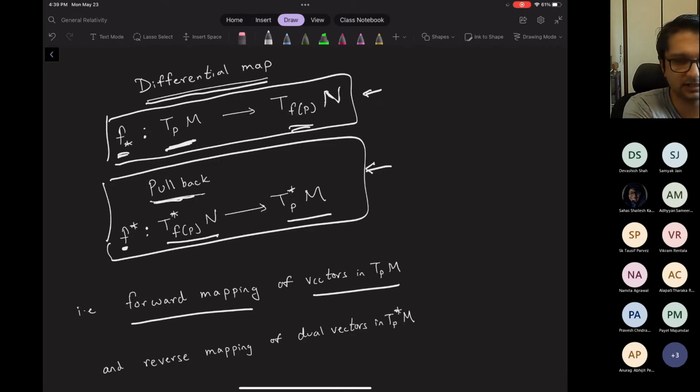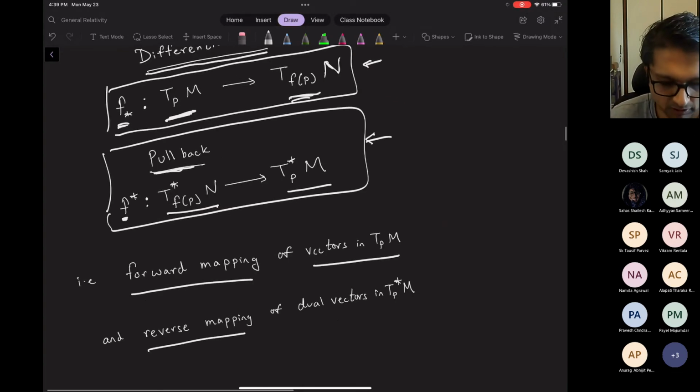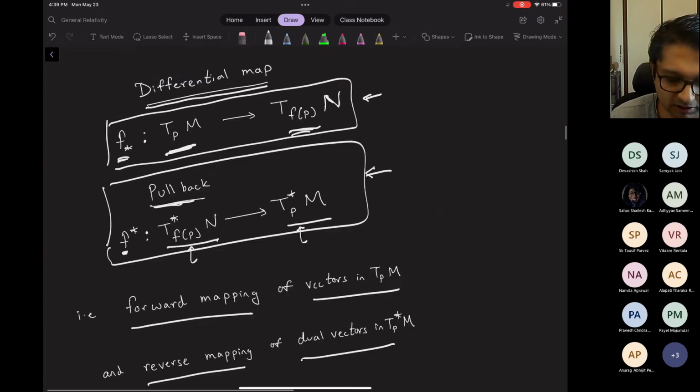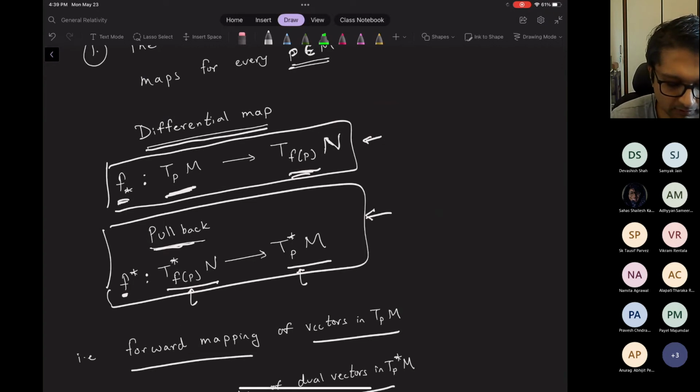That is, it takes vectors in the tangent space at P and brings them forward to a vector in the tangent space at F of P. But it's a reverse mapping, or a pullback, for dual vectors: it brings a dual vector at the point F of P back to a dual vector at the point P. And you might guess the obvious thing, which is that there is no forward map for dual vectors, and no backward map that is naturally defined for vectors.